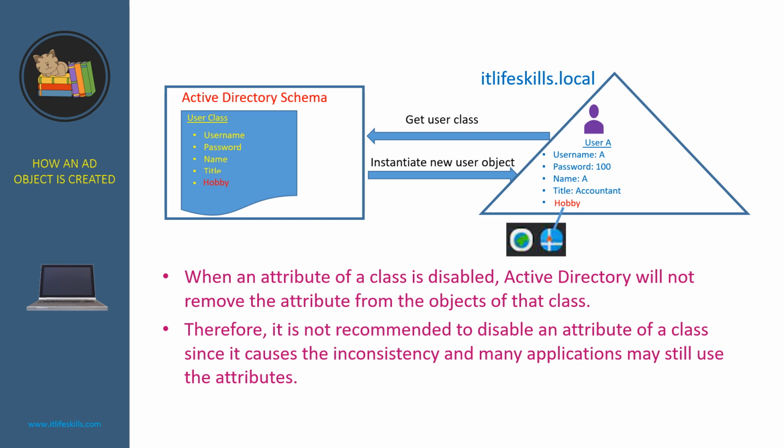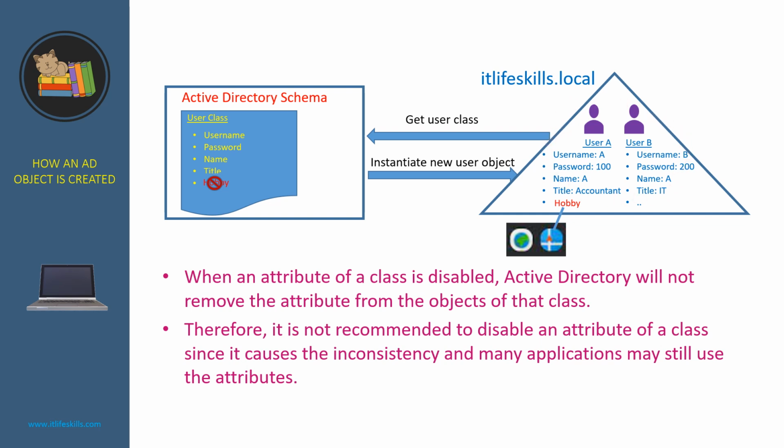For example, if we disable the hobby attribute in the user class, the hobby attribute still exists in user A, which was created before we disabled the attribute. However, when we create a new user object, user B now does not have the hobby attribute, which causes inconsistency between user A and user B.